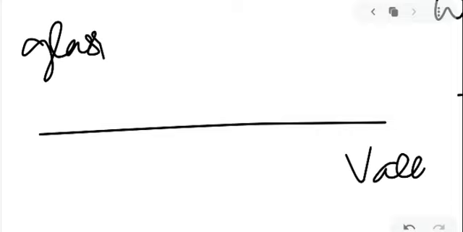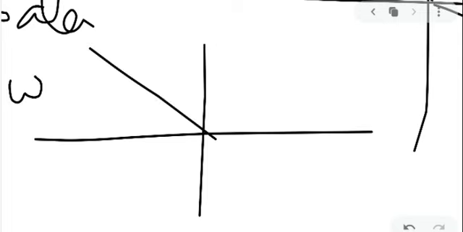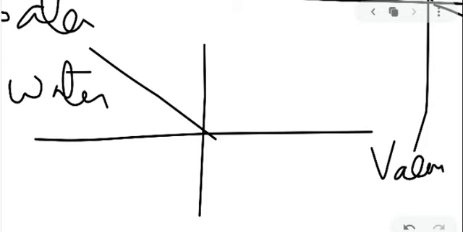And from glass to vacuum, light moves away from the normal. Similarly, for water to vacuum, light moves away from the normal.